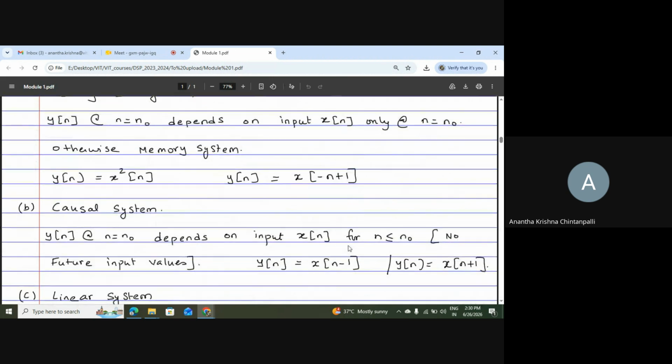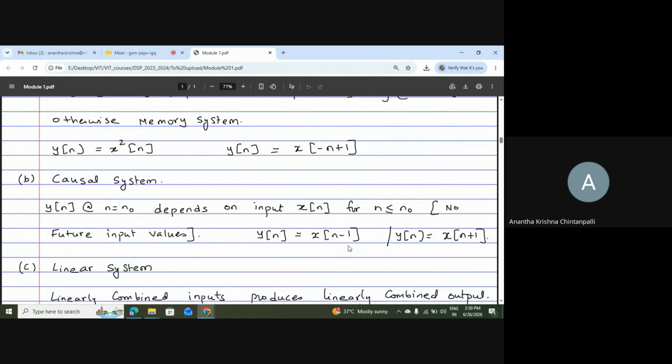What is a causal system? Causal system output y of n at n is equal to n naught depends on the input x of n for n less than or equal to n naught. So no future values. So the output at n is equal to n naught depends upon the input value.